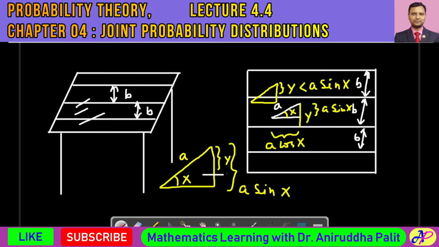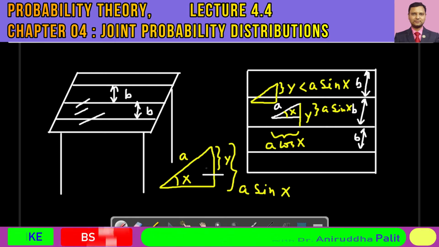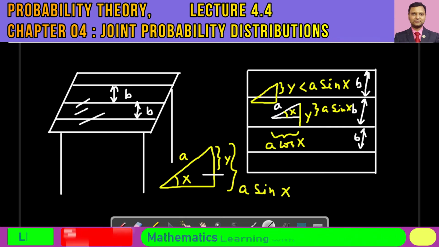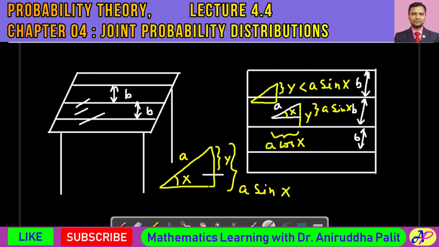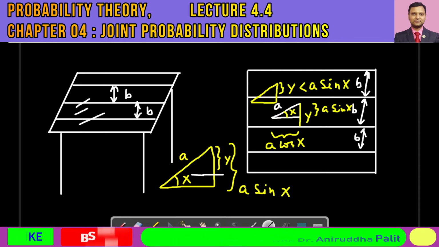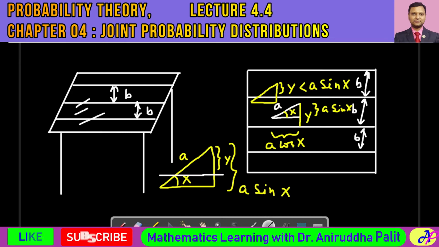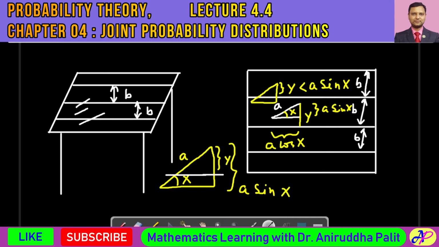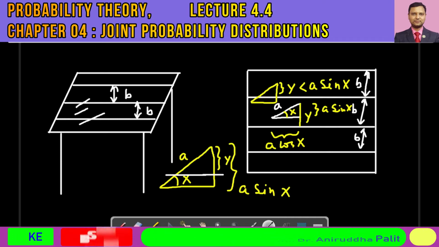Therefore, if this needle intersects the horizontal line at all, in this fashion, intersects over here, in that case what should we have?